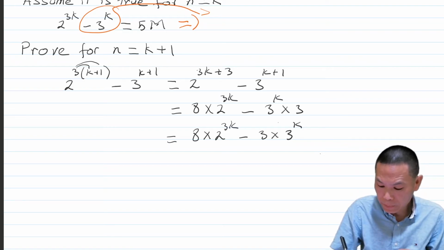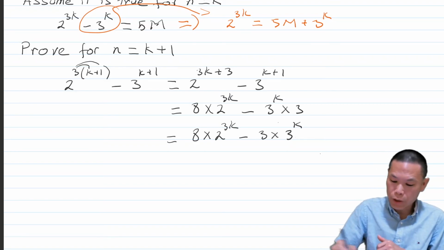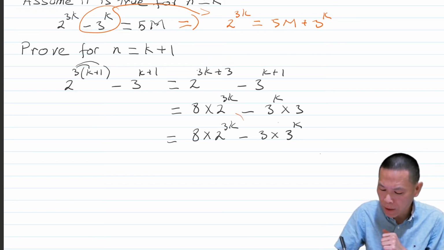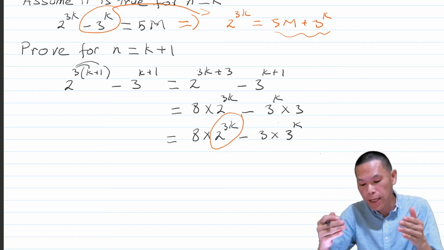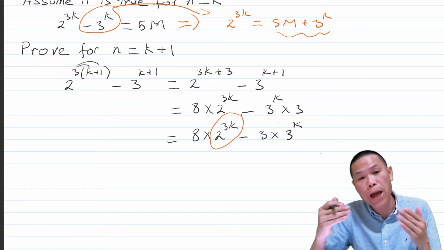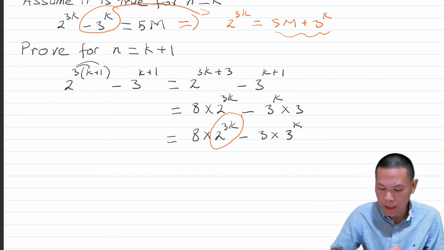So that is 2 to the power 3k is equal to 5m plus 3 to the power k. So now all I need to do is I replace this with this, okay? So I just rewrite this statement out.